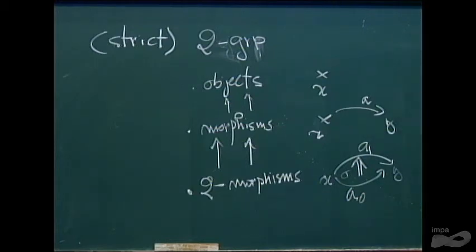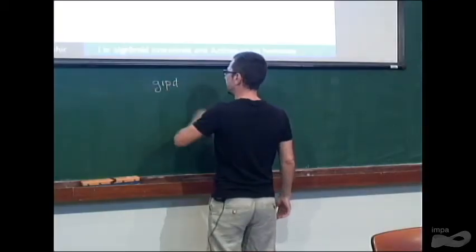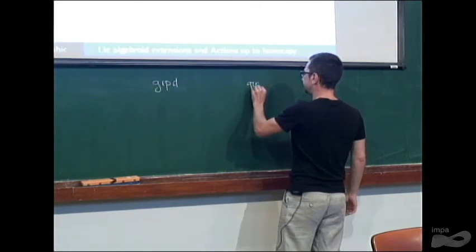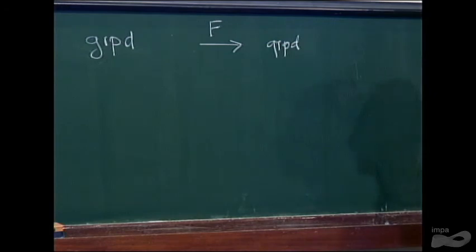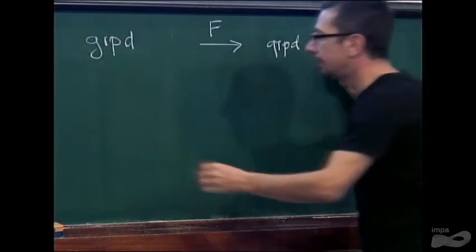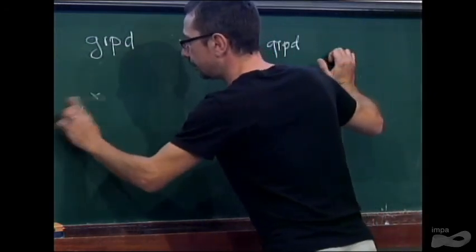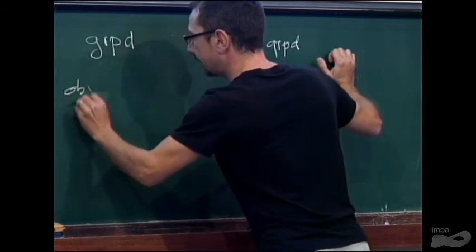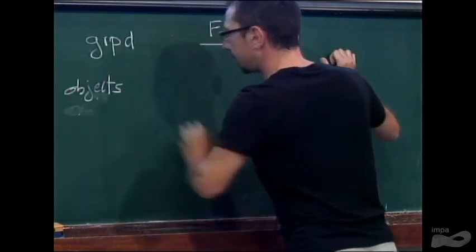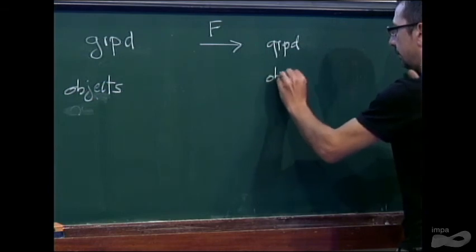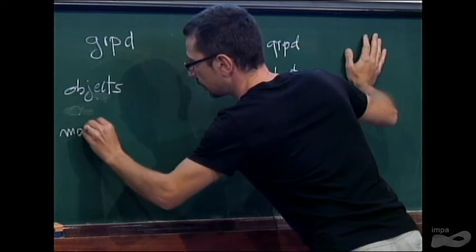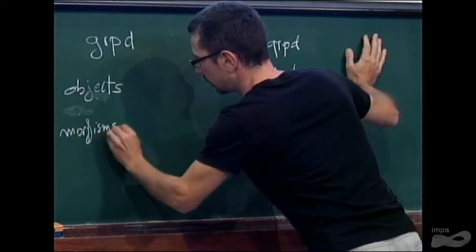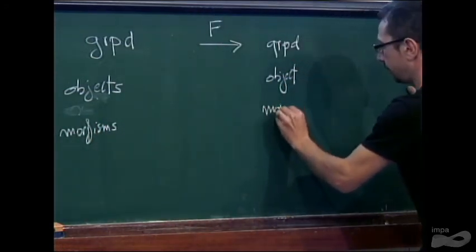Now, if you have a groupoid and another groupoid, and I take a functor f. What is a functor? It means that you take objects to objects, morphisms to morphisms.